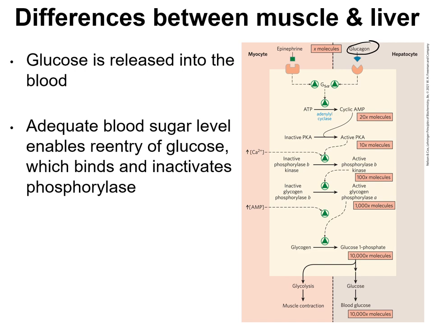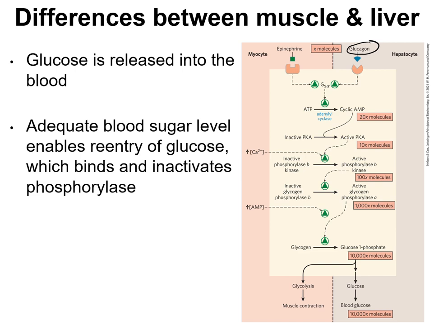So we just have the straight up signal amplification. And then once we make all that glucose 1-phosphate, we eventually end up making glucose. So we need to cut off that phosphate group with a phosphatase. And then we need to shuttle all of that glucose out into the blood to raise the blood sugar.